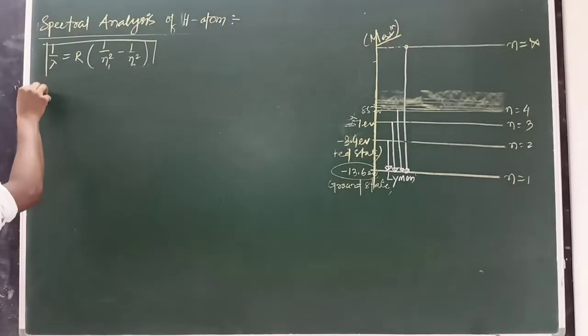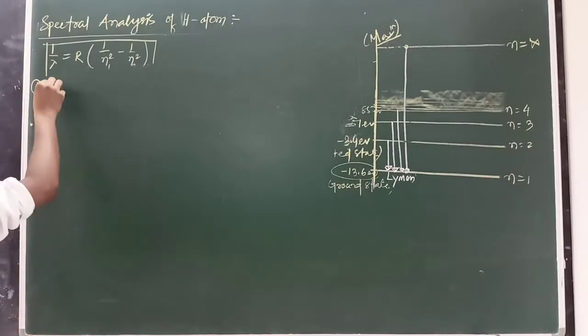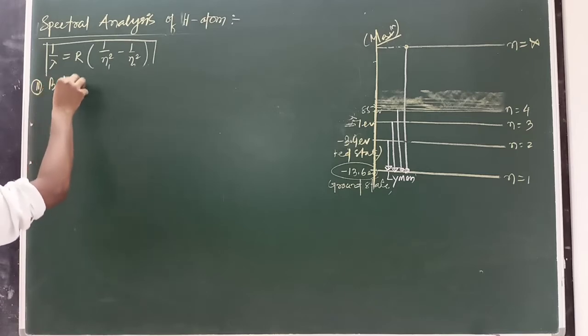Now let's start the second spectral line. It is known as Balmer series.